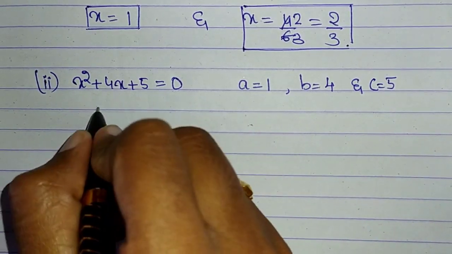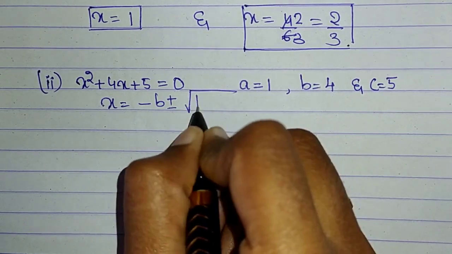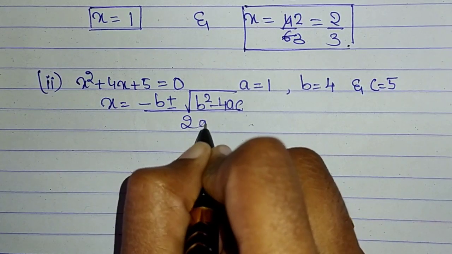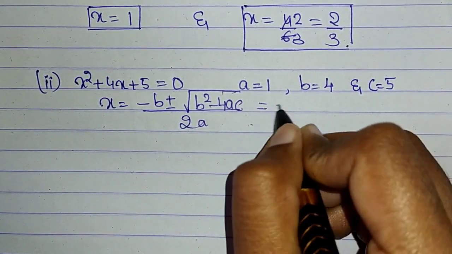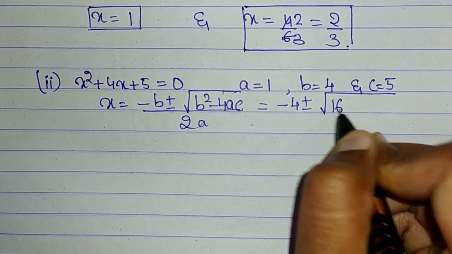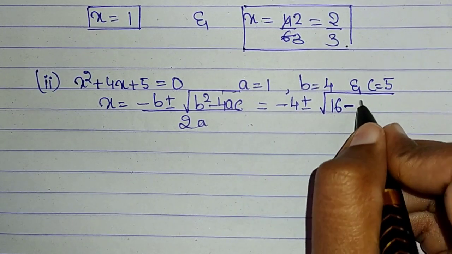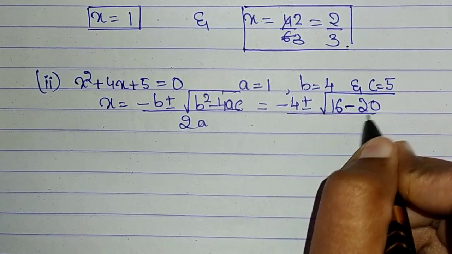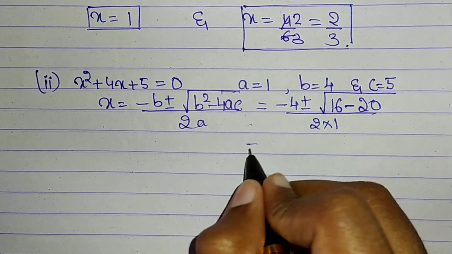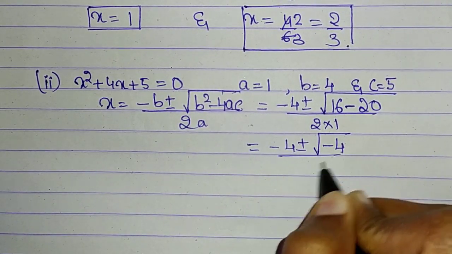So now we know that x is equal to minus b plus or minus under root b square minus 4ac by 2a, which is equal to minus 4 plus or minus under root b square is 16 minus 4 into ac. 4 5s are 20, 20 into 1, 20. 16 minus 20 by 2 into 1, which is 2.